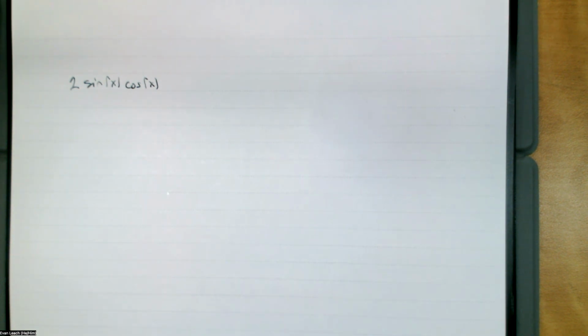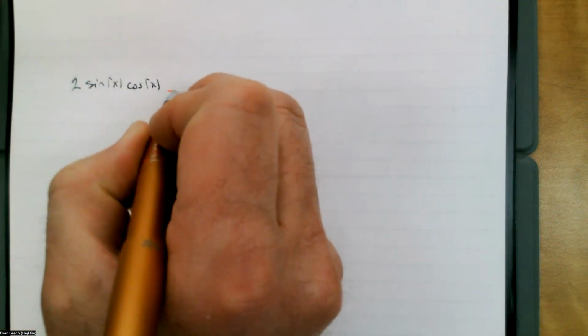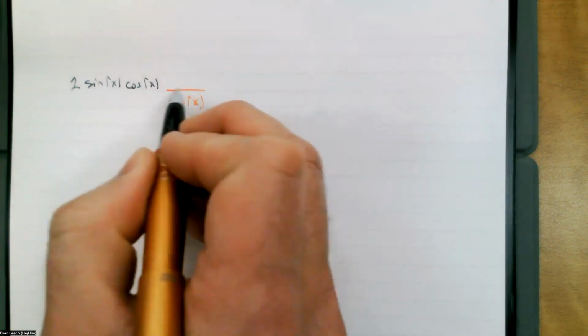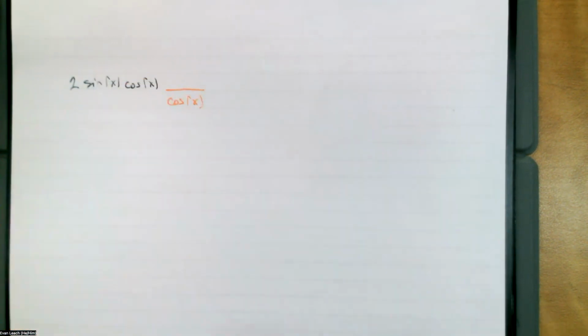So what we can do is start messing with this expression to try to produce some tangents. So what we could do here, if I had a cosine in the denominator, then I could pair this denominator cosine with the sine up here and make a tangent. But I can't just take an expression and divide by cosine. I can multiply by 1.